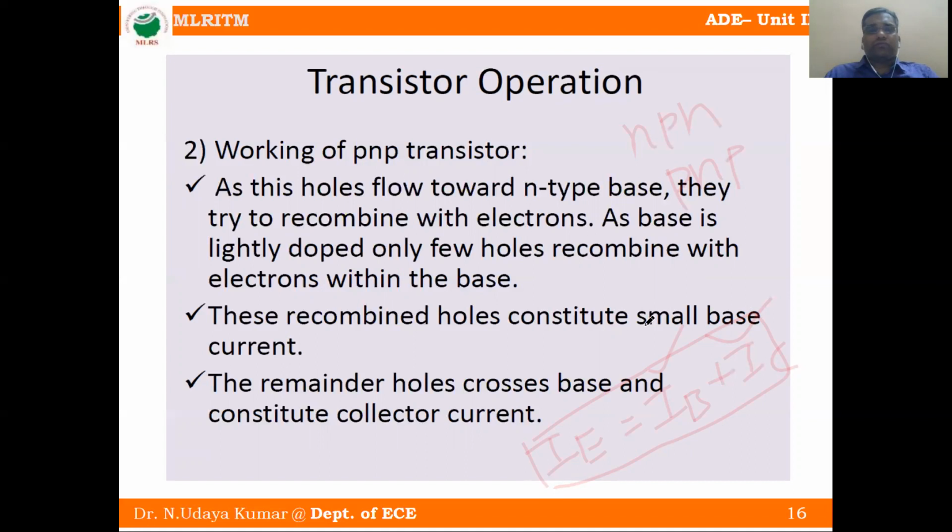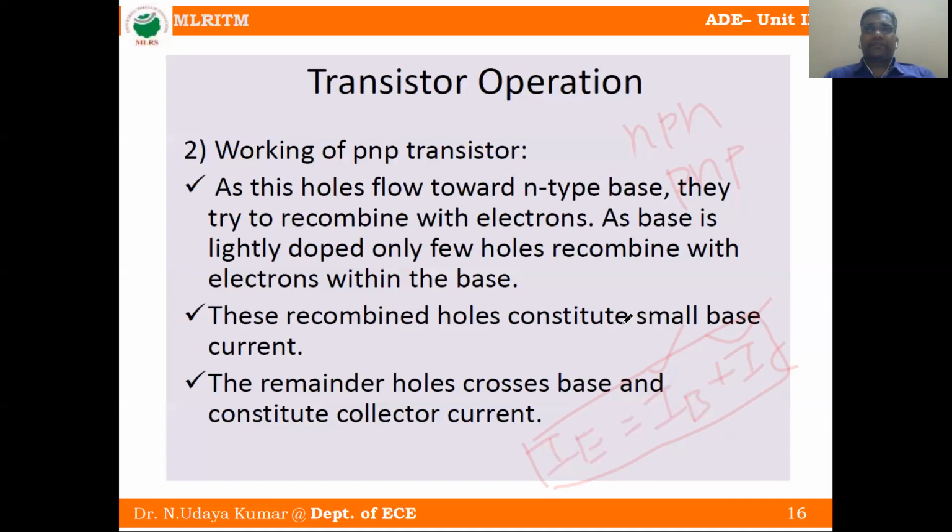Till now, we have discussed the basic things of the transistor. So let us briefly recapitulate or summarize. Please listen carefully. What do you mean by transistor? A transistor is a three-terminal semiconductor device.